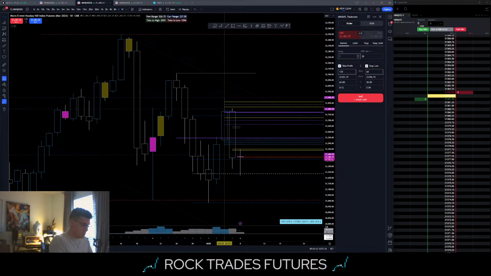Let's start expansion model. We'll say expansion session model, likely seek and destroy before FOMC minutes at 2 p.m. Wednesday before non-farm payroll is sketchy for predicting bigger moves.